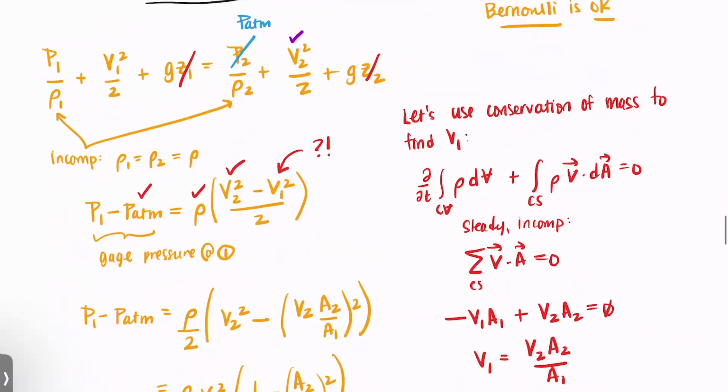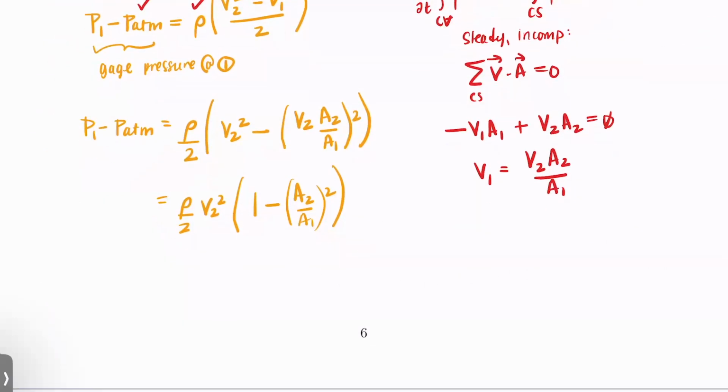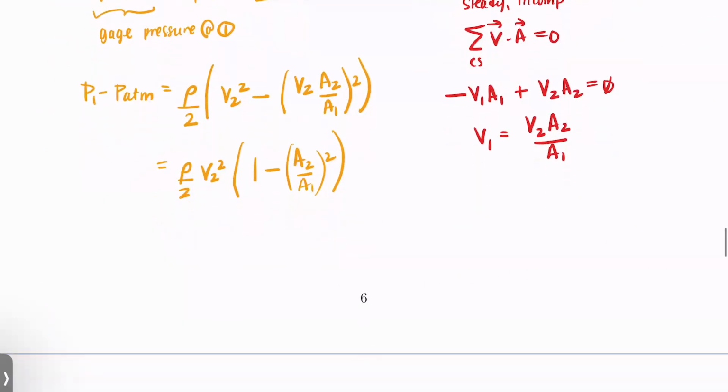All right. Okay, so I can plug in everything that I know. I have density of air is 1.23 kilograms per meter cubed divided by 2. Velocity is 50 meters per second squared. So that's our velocity at 2.